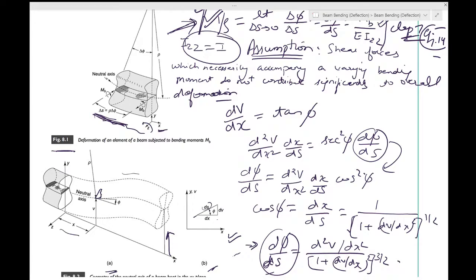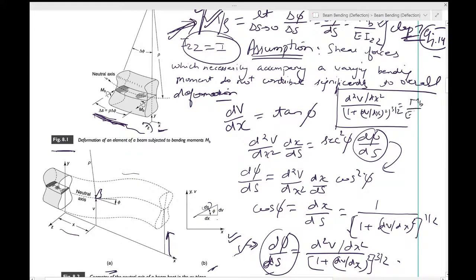So you obtain this differential equation: d2v by dx square divided by 1 plus dv by dx whole square to the power 3 by 2 equals M_B by EI. Let's leave it over here in this class, in which we have arrived at this differential equation.